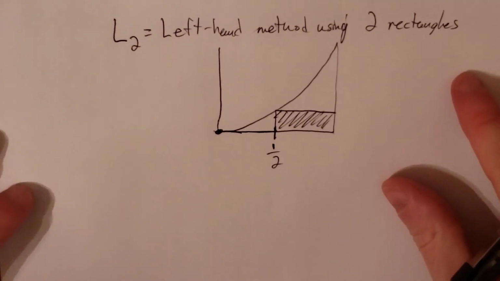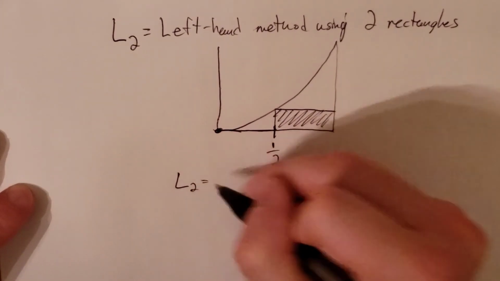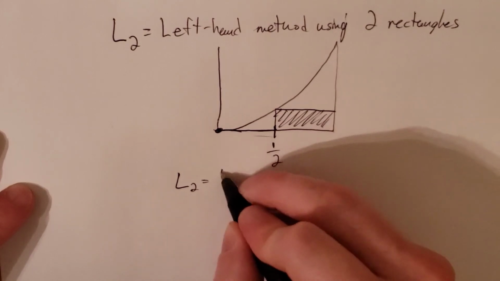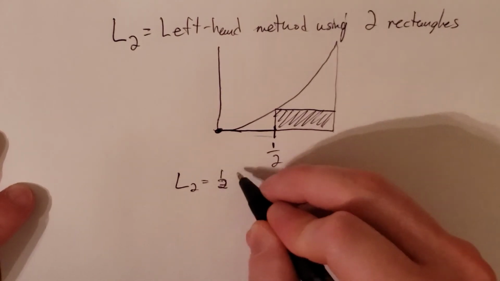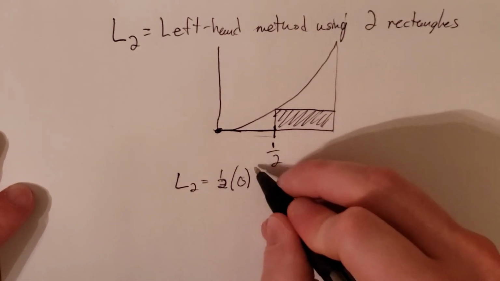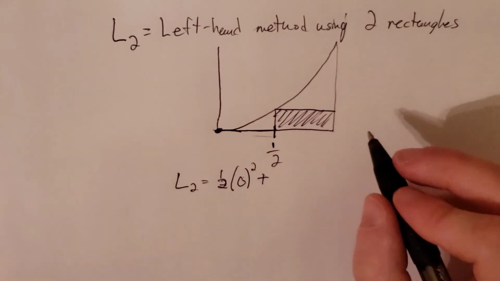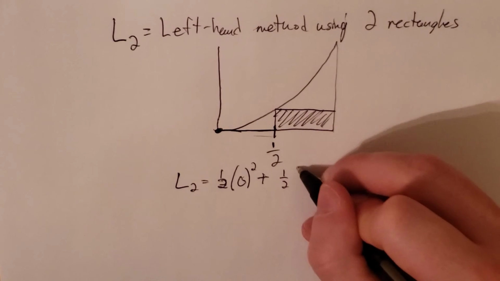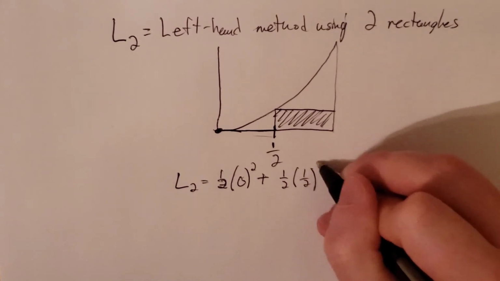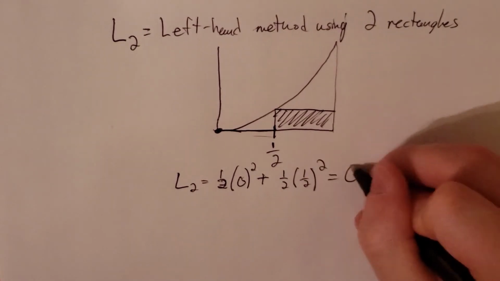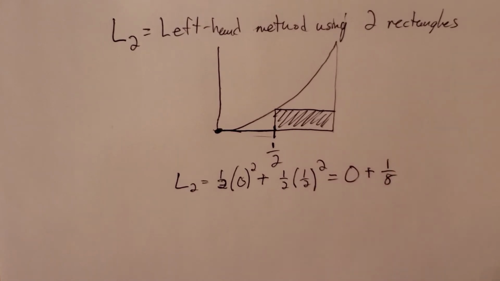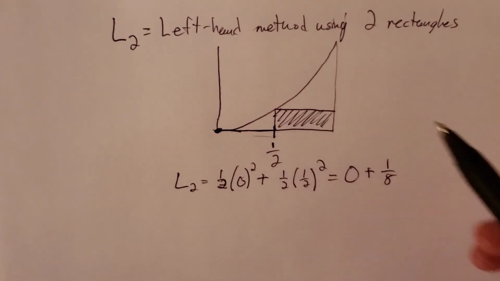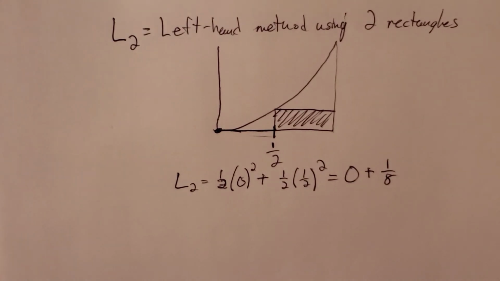So L2 is the width 1/2 times the height, which is 0 squared, plus the second rectangle, which is 1/2 times 1/2 squared. So we get 0 plus 1/8. And we see that we're missing a lot of the region here, so this is not a great estimate.